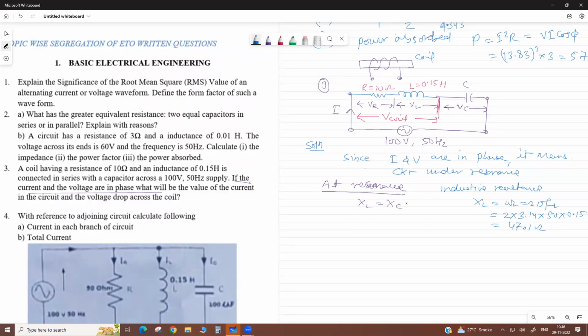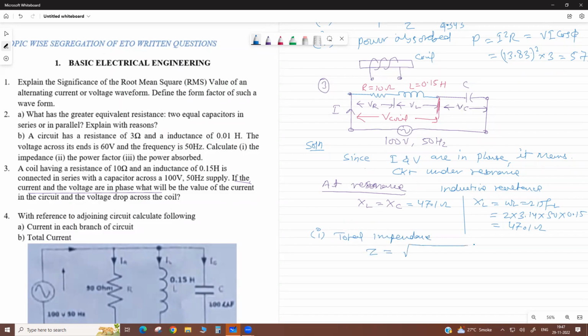Both will be the same at resonance, inductive and capacitive reactance. Therefore, we can calculate the total impedance Z of the circuit under this condition.